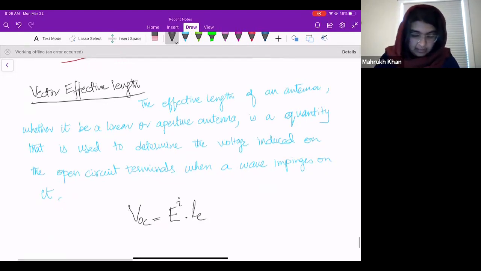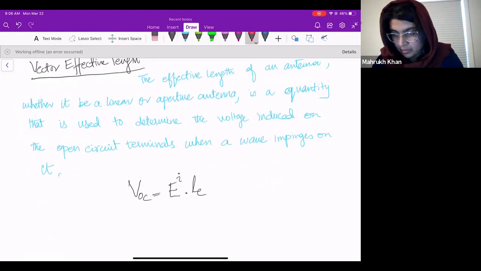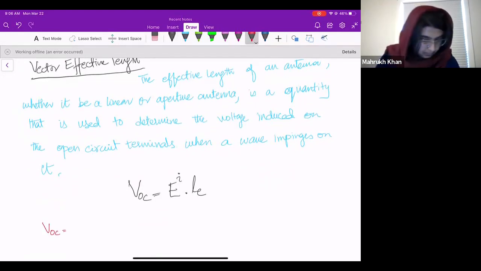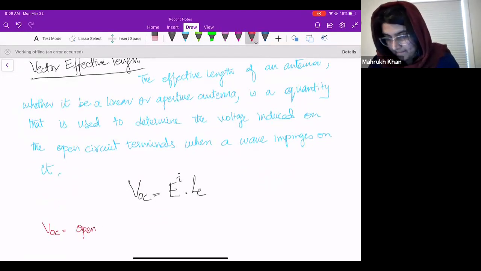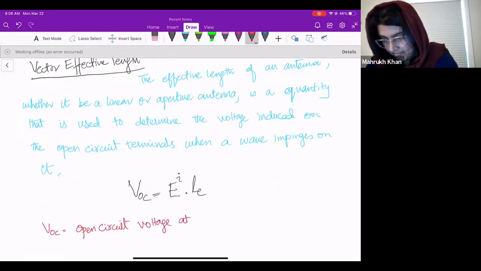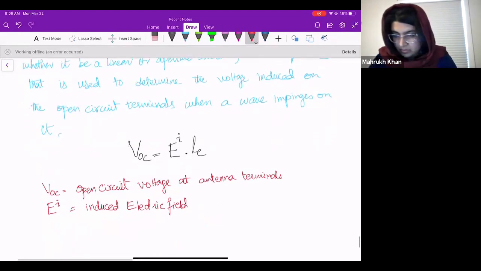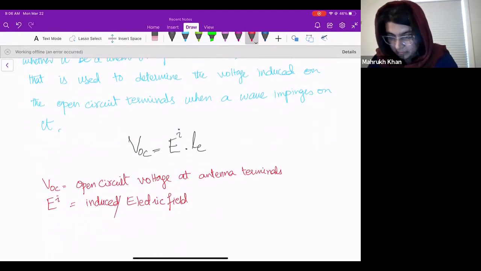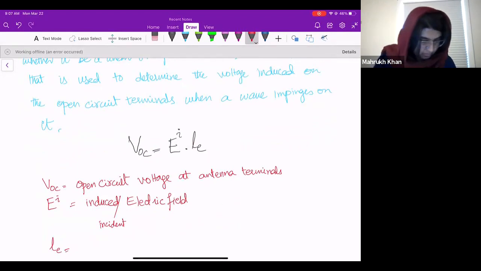So we are saying that VOC is the open circuit voltage, EI is the induced or incident electric field, and LE is the vector effective length.